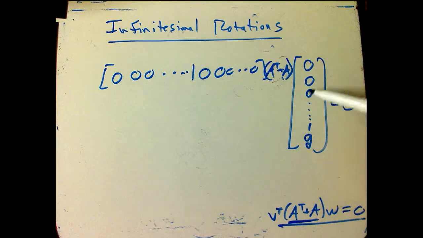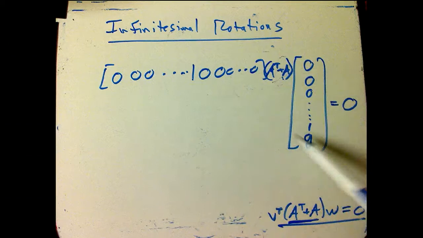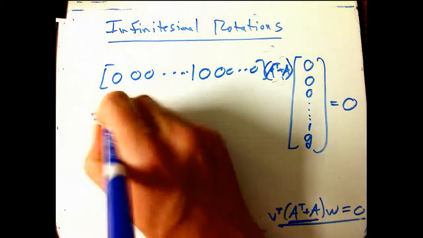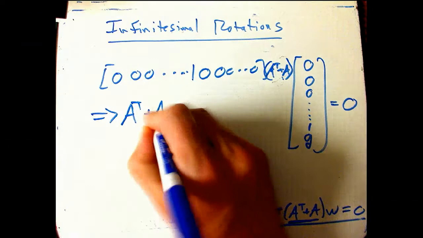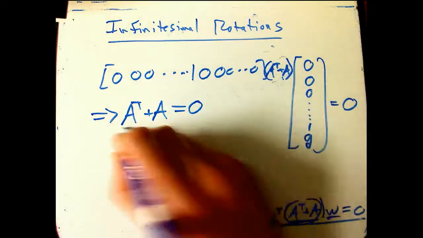What does this do? It's not hard to see that what this does is it picks out any particular row and column of A transpose plus A that you want, and they're all 0. Okay. So the only way you can have a matrix that multiplies by any column vector on the right and any different row vector on the left to be 0 is if it's the 0 matrix.